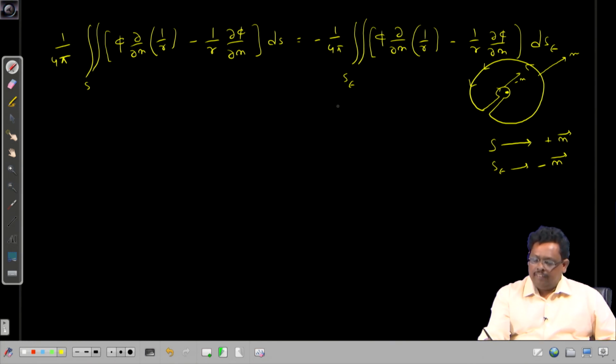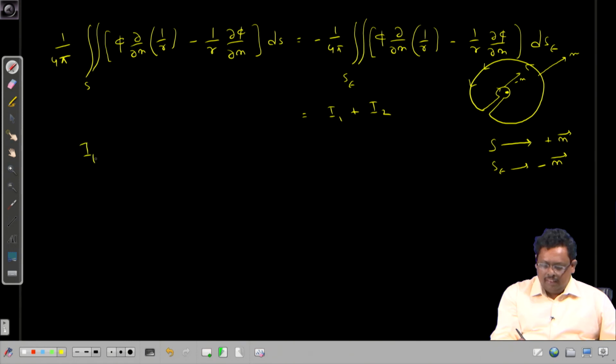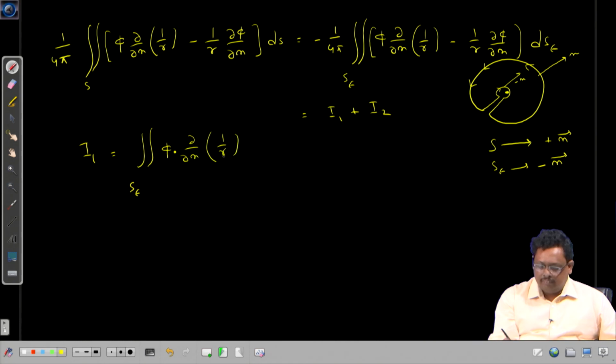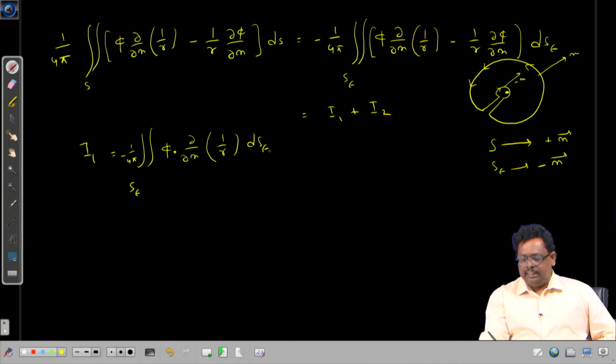Now, here we can say it is basically I 1 plus I 2. Now, this I 1 equals the integration over S epsilon of phi into del n of 1 upon r, with minus 1 upon 4 pi there, of course, ds epsilon. Now, since this epsilon is very small, we can assume the whole contribution lying on the centroid.